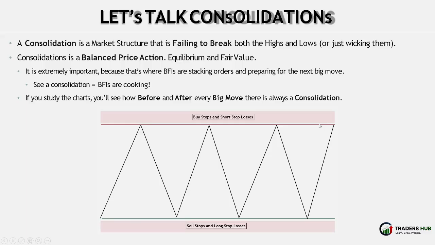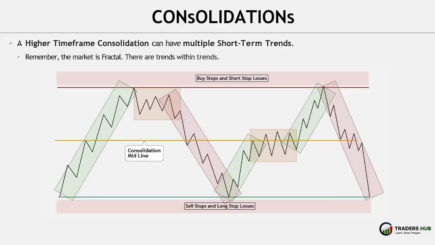But when we go to the lower time frames, specifically, let's say when we go to the 15-minute time frame, you are going to see that inside that consolidation, there are smaller, lower time frame market structures. And that's what we mean when we say that a higher time frame consolidation can have multiple short-term trends.